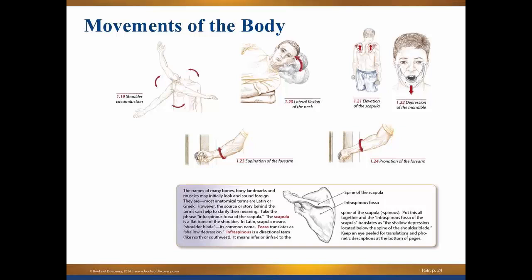Now, two parts of the shoulder blade are going to be significant: the spine and the infraspinous fossa. Literally translated, infraspinous means infra, or inferior to the spinous, spine. Fossa effectively translates to mean a shallow depression. So the infraspinous fossa is a little shallow depression right under the spine of the scapula.